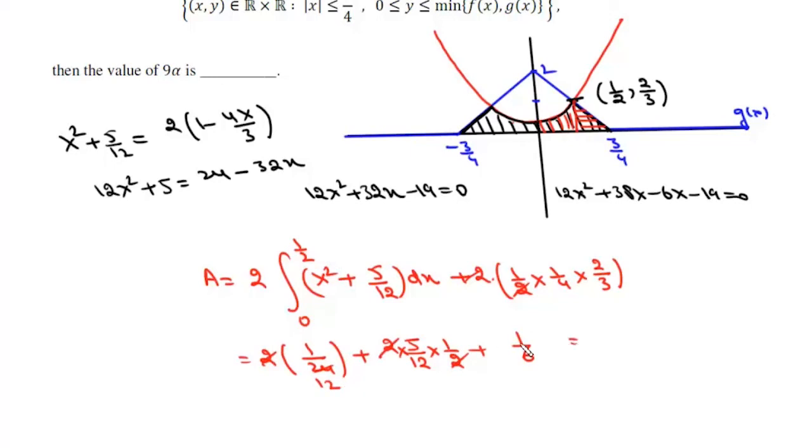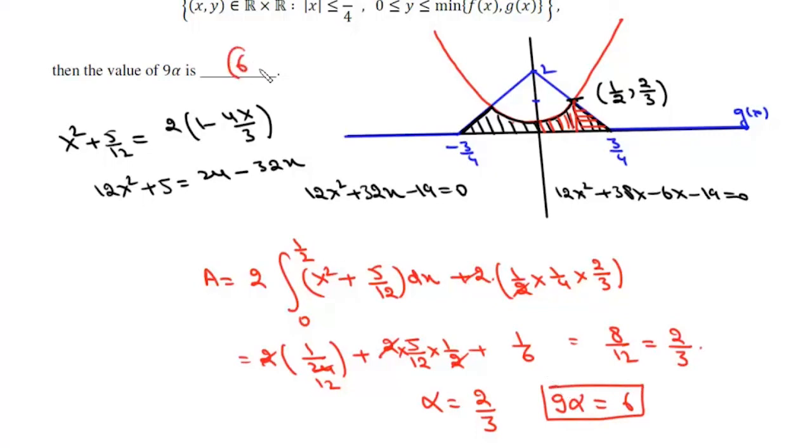Now this is 5, 7 and 8. So it will be simply 8 by 12, which is 2 by 3. So the value of alpha is 2 by 3. Now we need to find the value of 9 alpha. The value of 9 alpha is simply 6. And that is the answer to this question.